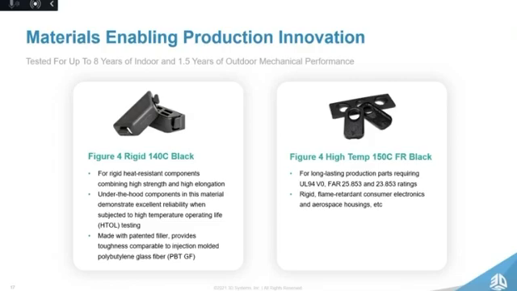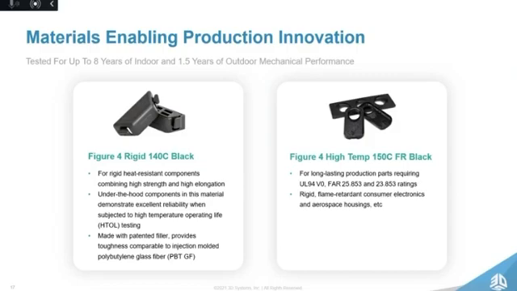For specific automotive applications, it's genuinely, in my mind, exciting to see the abilities of these 2 materials in particular. And I think these are a real step forward in what can be achieved. Figure 4 Rigid 140C Black that we've discussed already here produces true functional durability in plastic parts. The material includes a patented filler that provides toughness, and it can be comparable to injection molded polybutylene glass fiber.